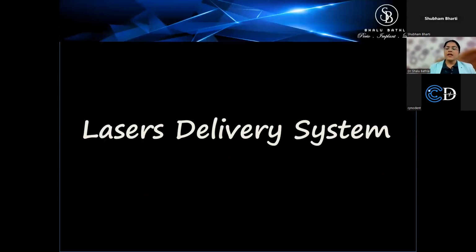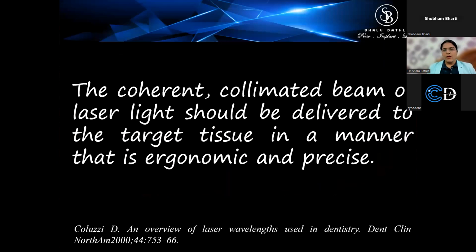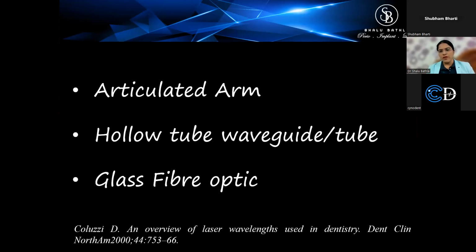The laser light is produced in this optical cavity, and then it is delivered with the help of three delivery systems. One is the articulated arm, the other is a hollow waveguide, and the third is a glass fiber optic delivery system.